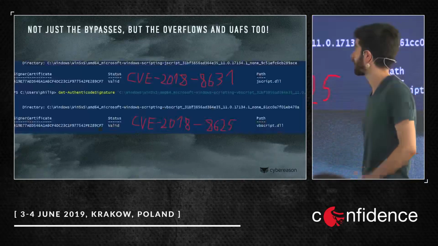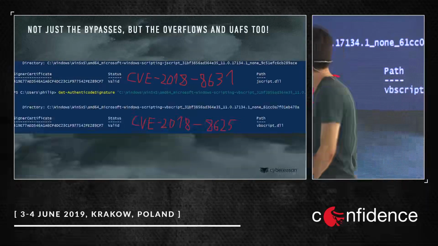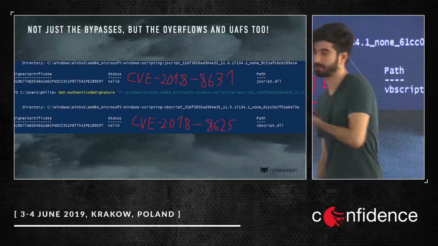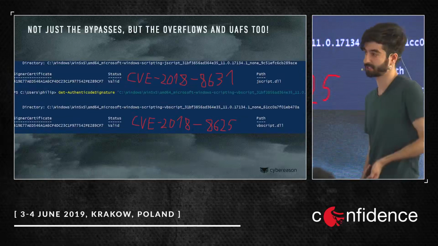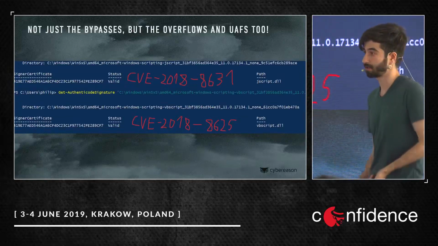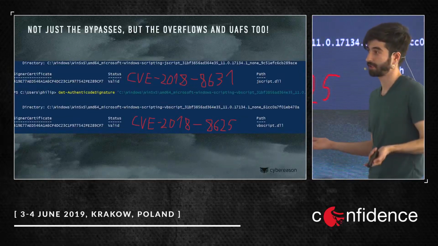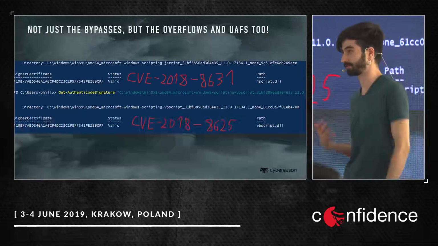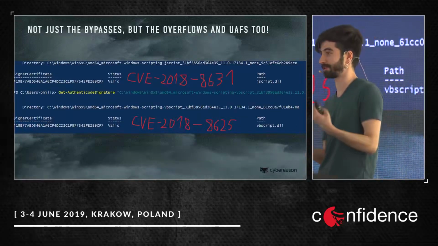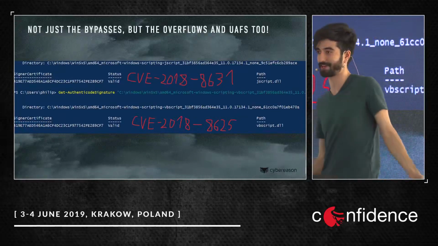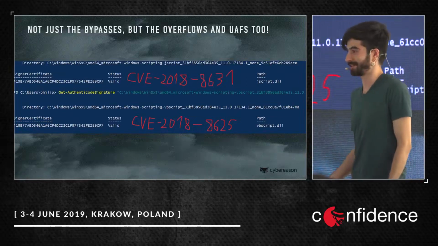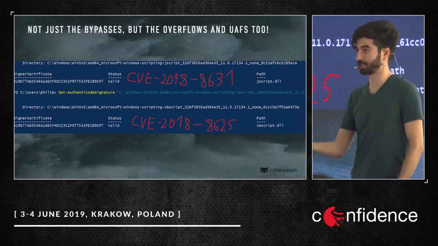But what if I have an RCE? So I think these are two Project Zero bugs in JScript and VBScript. So what if I have a use after free, and I just abuse that use after free, which still exists in a signed file, and I use it to run my shellcode or whatever.